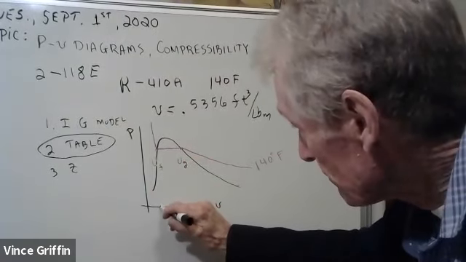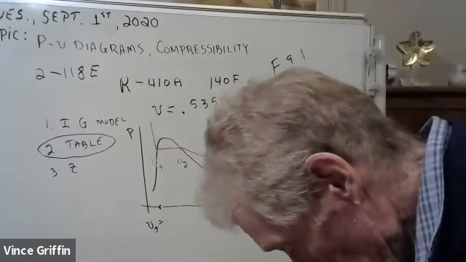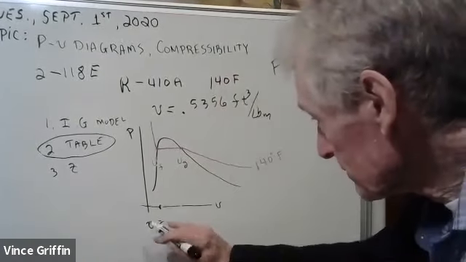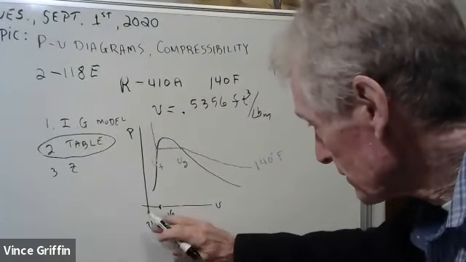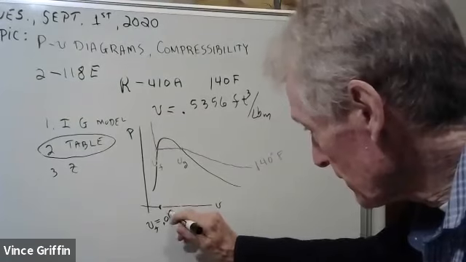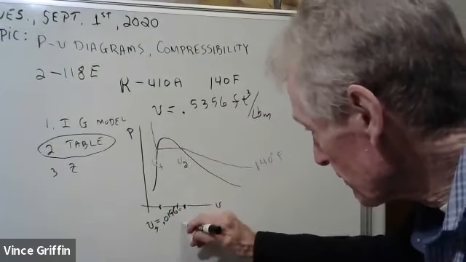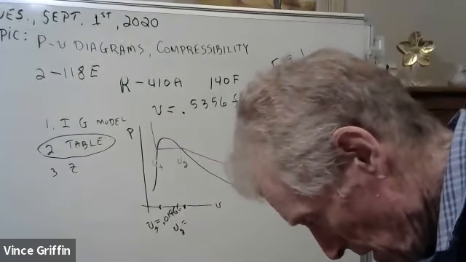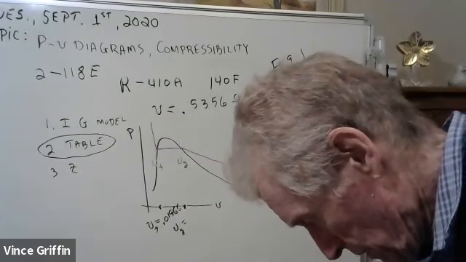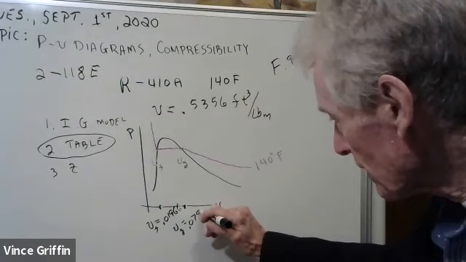Here, I'll write them down. The VF is 0.01966. The VG is right in here. The VG is 0.0796.